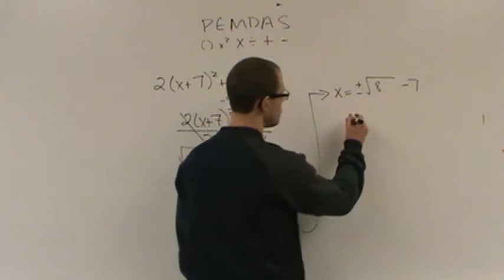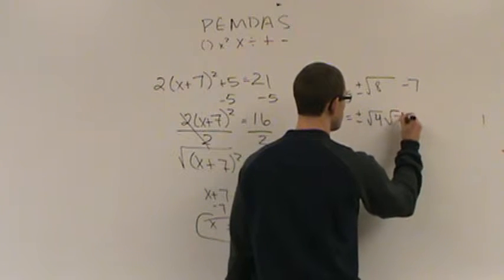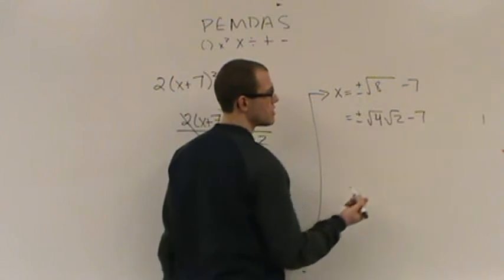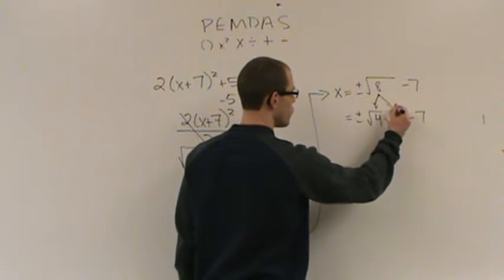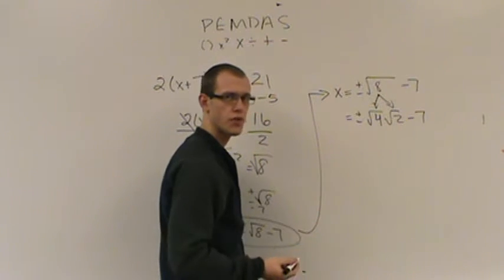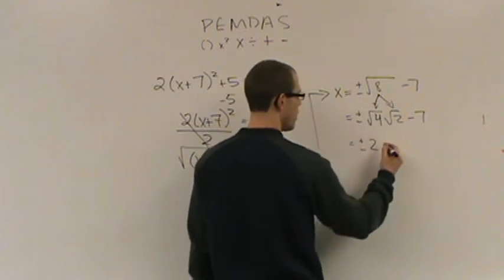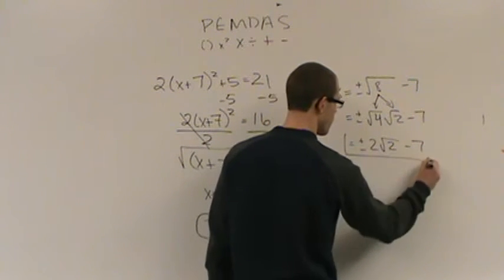Well, we can break it into the square root of 4 and the square root of 2. Notice I kept the plus or minus, and also the minus 7 is still there. So this square root of 8 split into square root of 4 and square root of 2. We know what the square root of 4 is. Square root of 4, that's simply 2. And we still have the square root of 2, and we still have the minus 7.